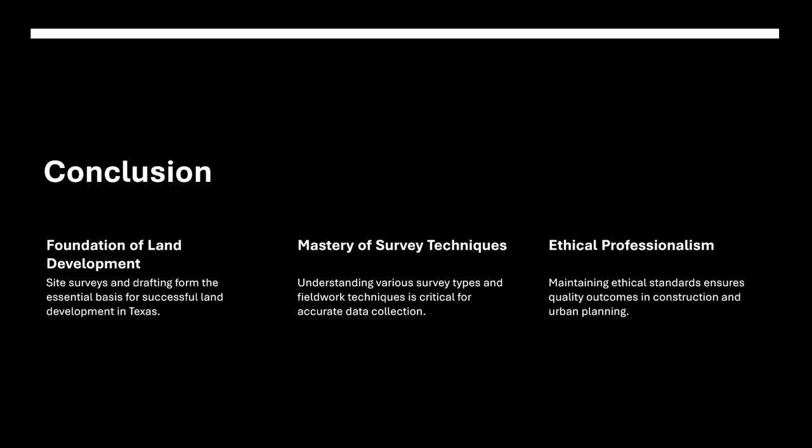We emphasize that communication with the client is critical, because the scope defines not just the technical features to be shown, but also the deliverables: state plane coordinates, vertical datums, elevations, DWG and PDF files, everything that engineers, architects, and permitting agencies depend upon.